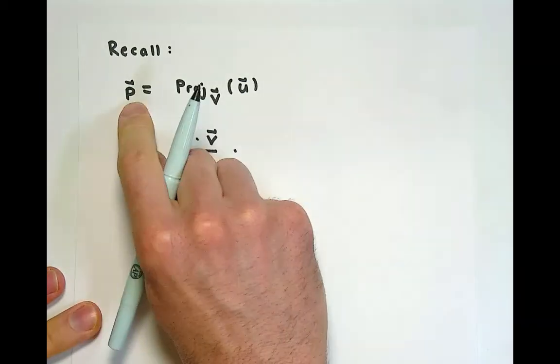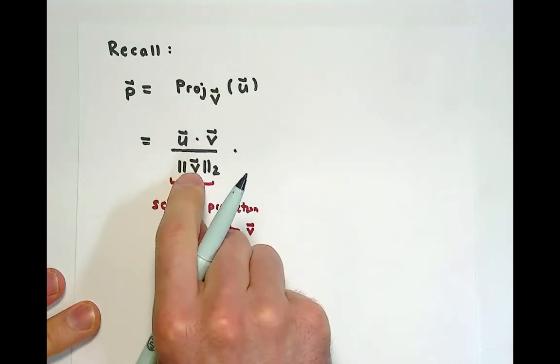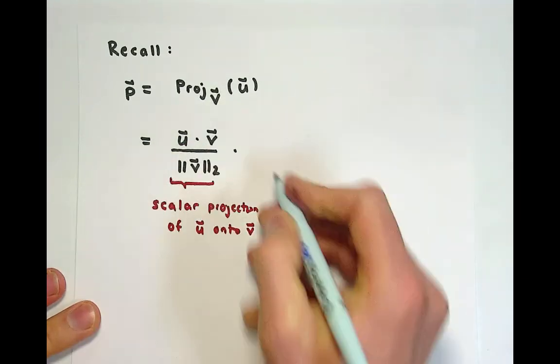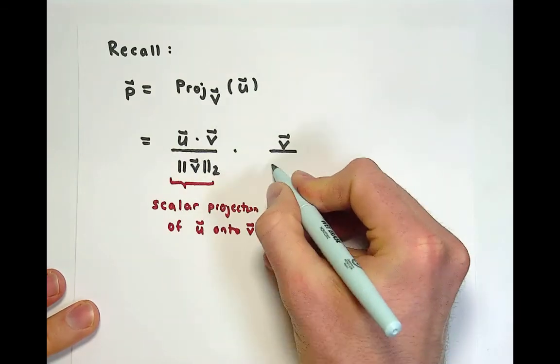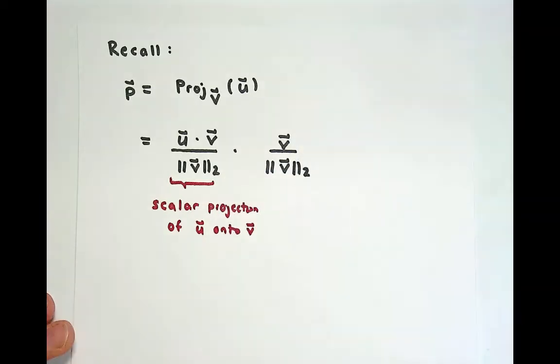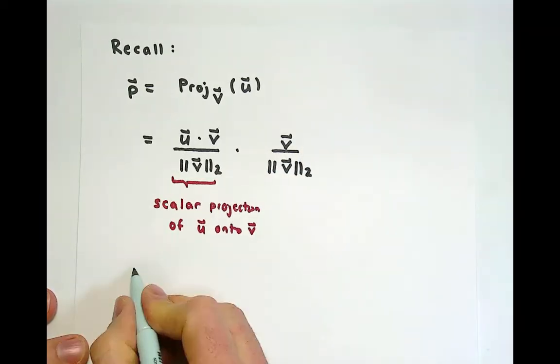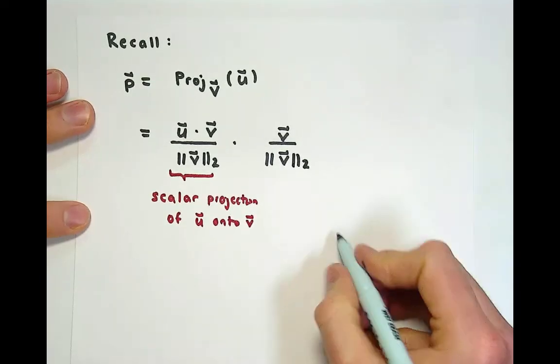And then remember, this whole thing is a scalar, because u dot v is a scalar, the 2 norm of v is a scalar, and division is a scalar. So I actually need a vector here, and the vector was going to be this one.